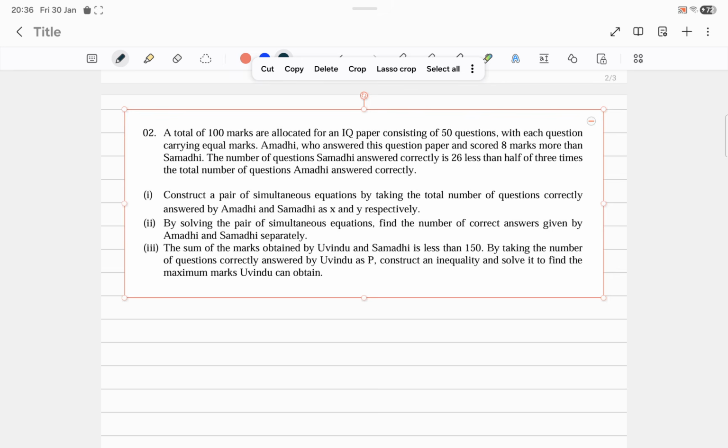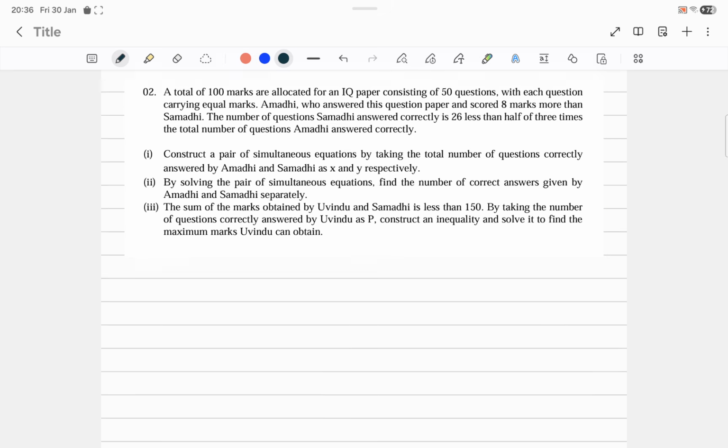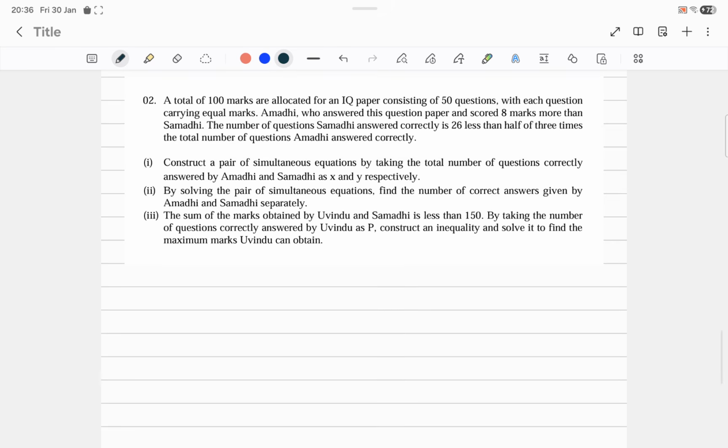Right, so now let's look at question number 2. This question states a total of 100 marks are allocated for an IQ paper consisting of 50 questions, with each question carrying equal marks. So each question carries 2 marks, right?